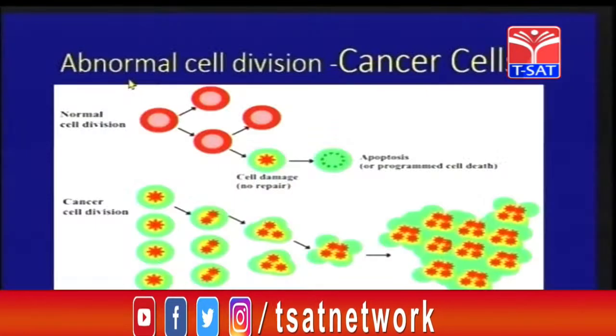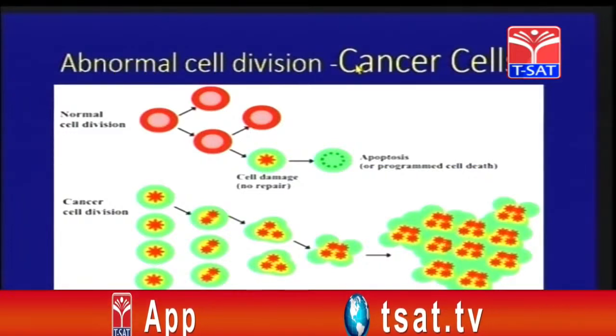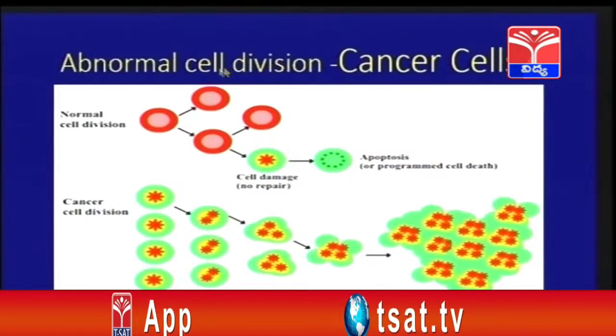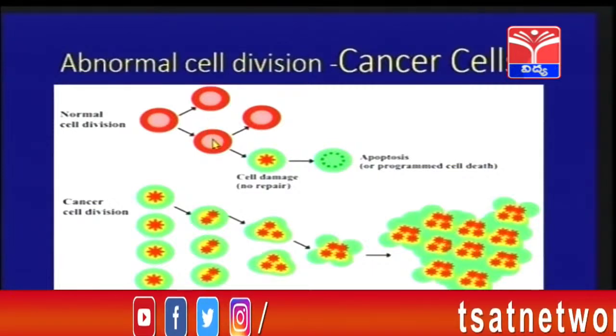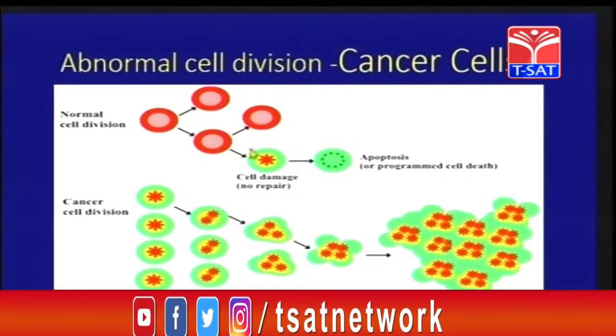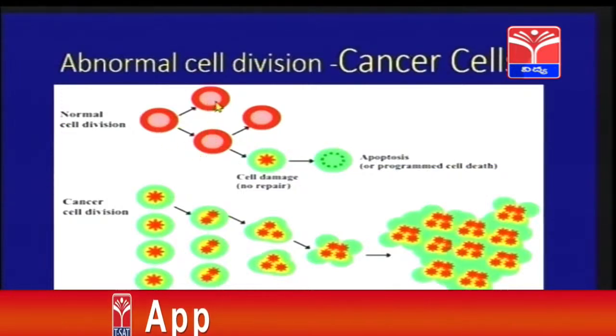This is completely opposite to the normal cell division, that is abnormal cell division. Cancer cells are the best example for abnormal cell division. In normal cell division, the cell divides into two, whereas in cancer cells, the cells will divide into many cells. You can see over here, the normal cell, 2 cells have been produced.